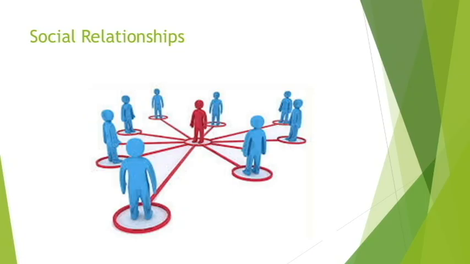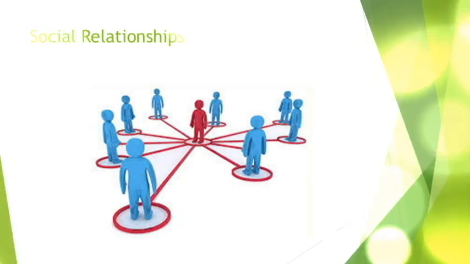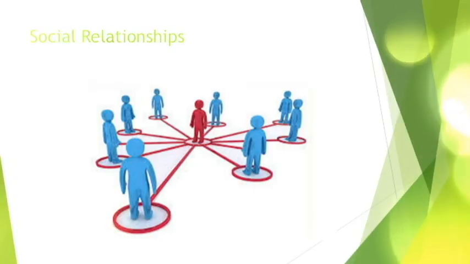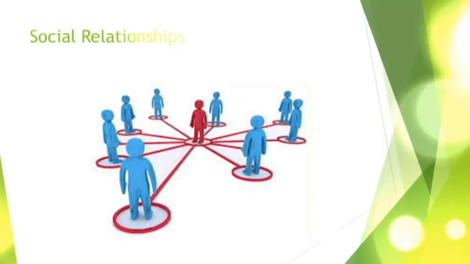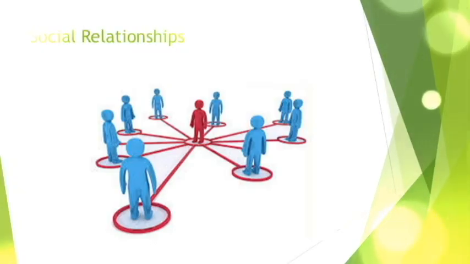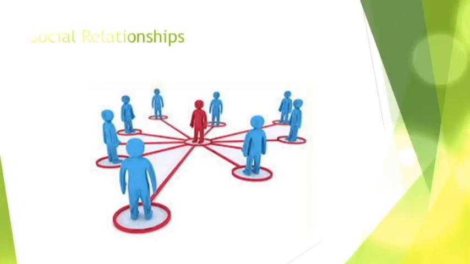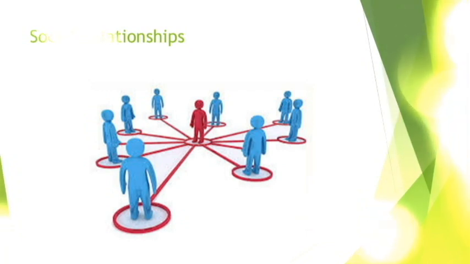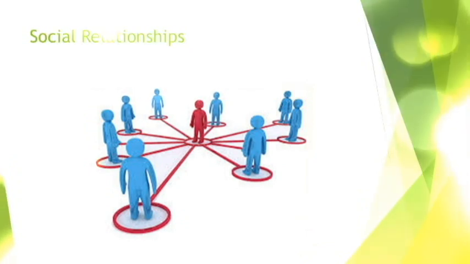So first, let's talk about social relationships. These include our friendships and family ties and romantic partnerships and professional connections. The study of social relationships in psychology really examines why we form relationships, how we maintain them, and the consequences when they break down. And so social psychologists focus on things like attachment theory, which was pioneered by John Bowlby and later by Mary Ainsworth.